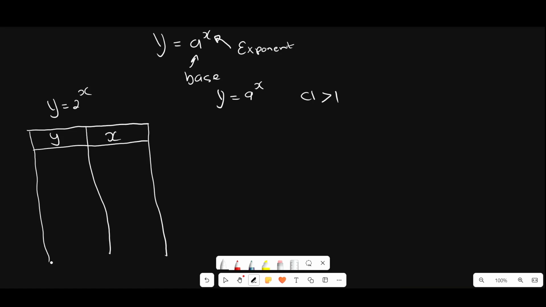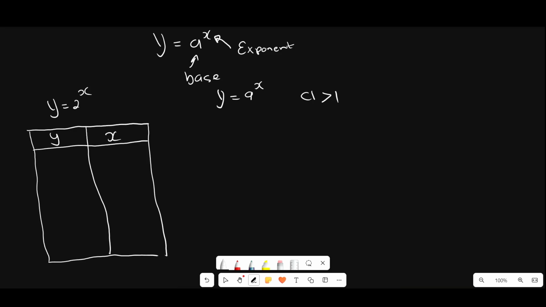Now you can give me any x value that you wish.